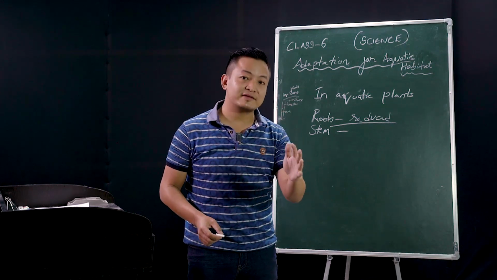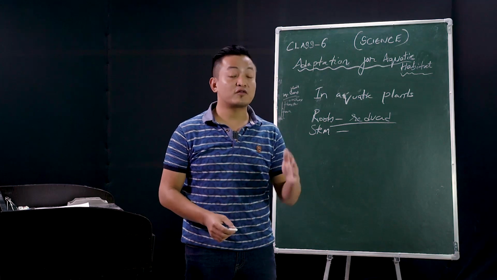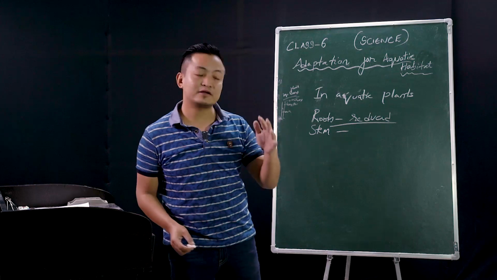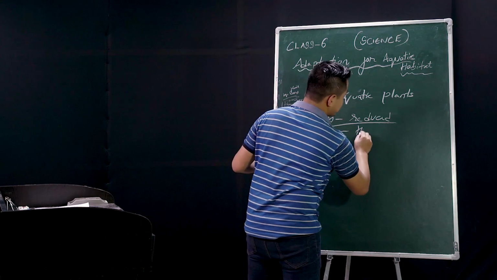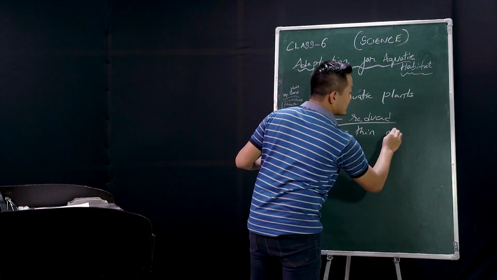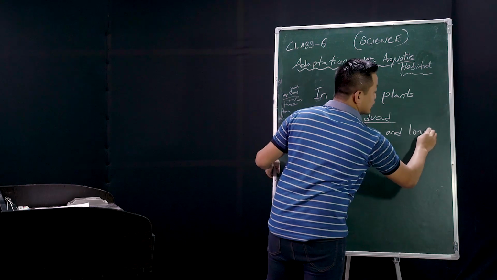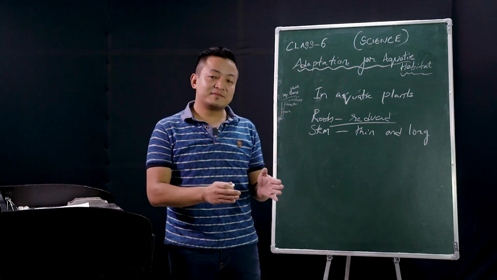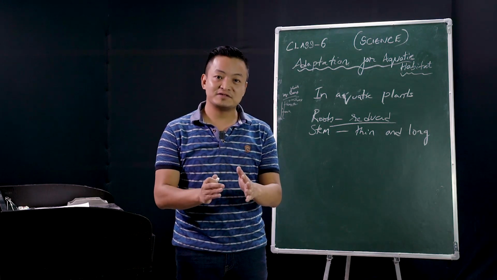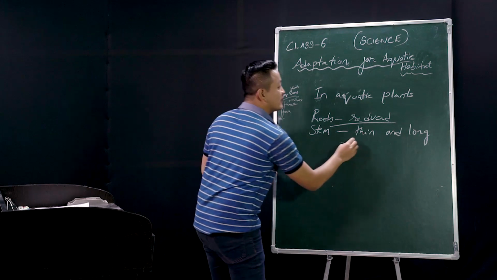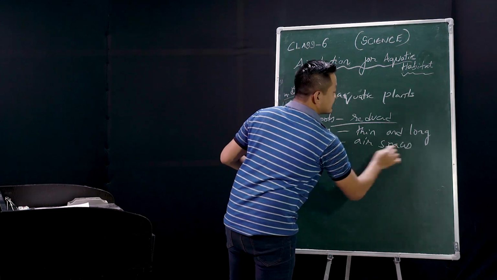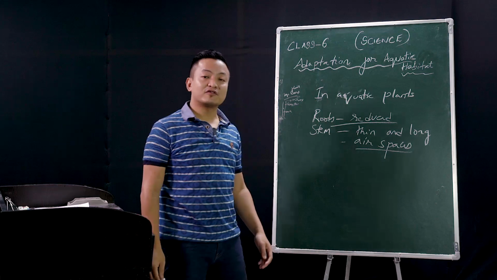So to withstand the water current, or for protection, the stem of aquatic plants is thin and long. Clear? Now in the stem there are air spaces, and these air spaces also help in floating.